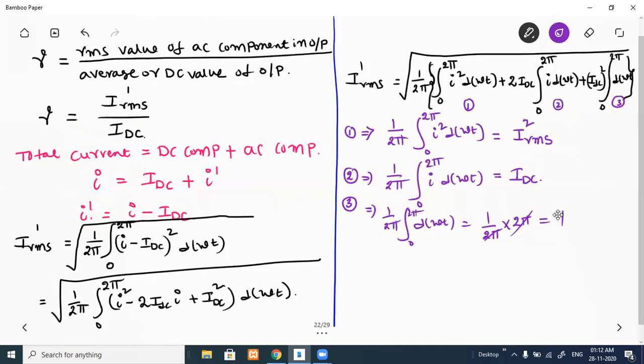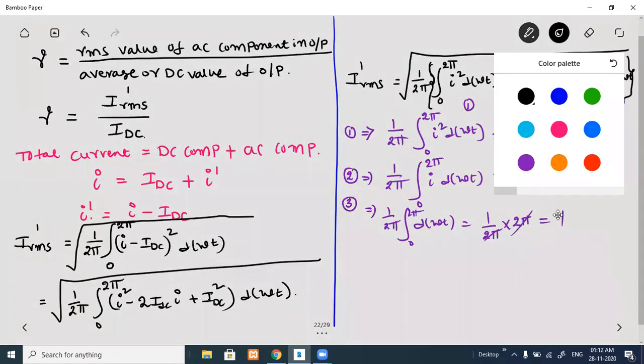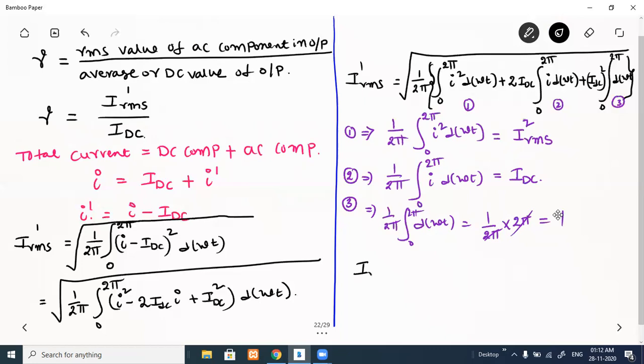So if you substitute all these things in the above equation, then I_RMS dash equals the square root of I_RMS square minus 2 into I_DC into I_DC, that is 2 I_DC square, plus I_DC square.